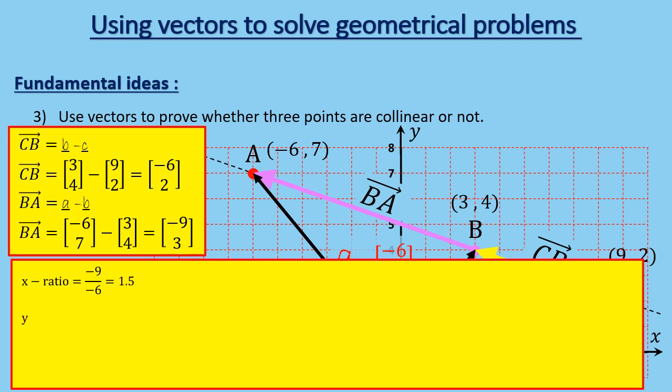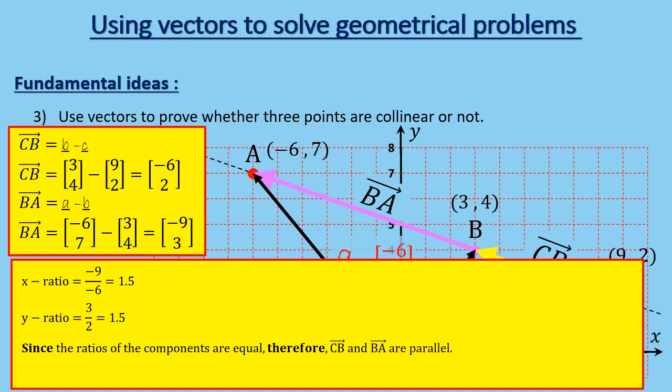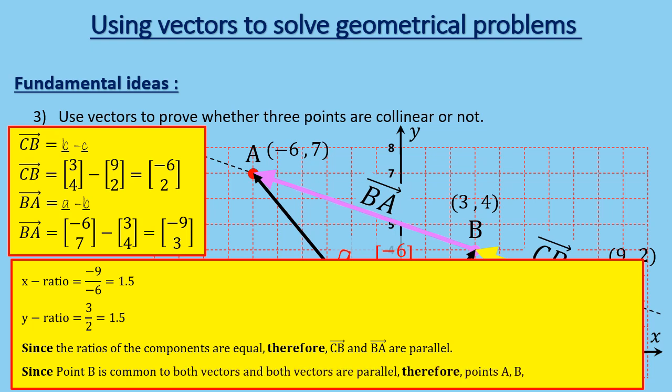The ratio of the y components of vector BA to vector CB is 3 divided by 2, which is equal to 1.5. Since the ratios of the components are equal, therefore, vectors CB and BA are parallel. Since point B is common to both vectors and both vectors are parallel, therefore, points A, B, and C are collinear.